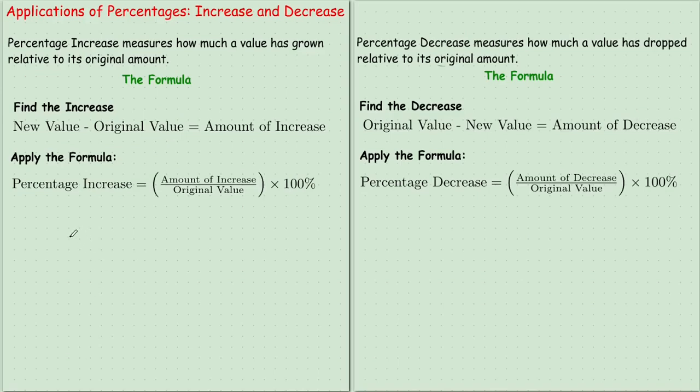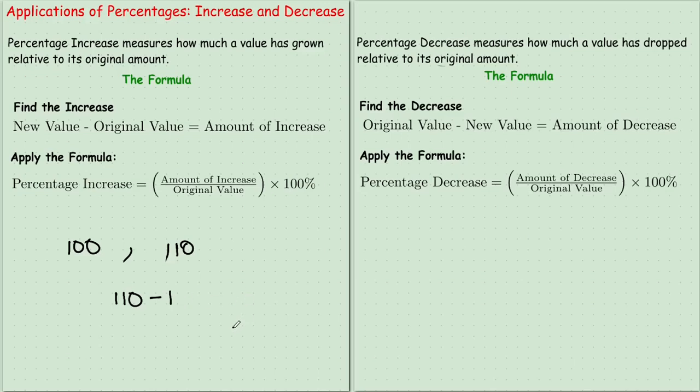Let's say the original value was 100. So far as there has been an increase, let's say the new value is 110. If you want the increase, it's going to be 110, which is the new value, minus your original value, which is 100, giving you 10. 10 now is the increase.